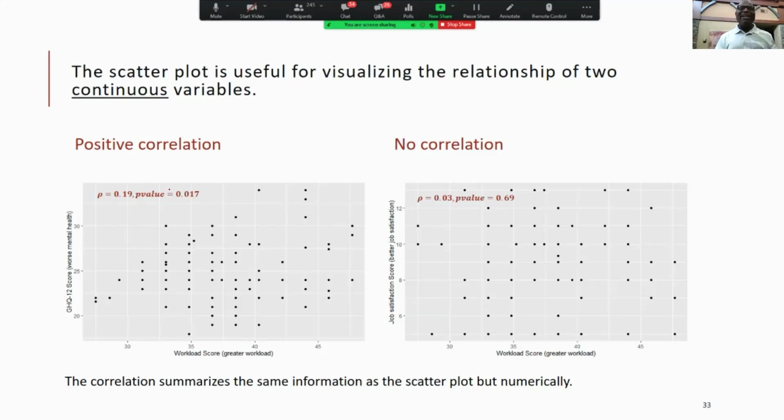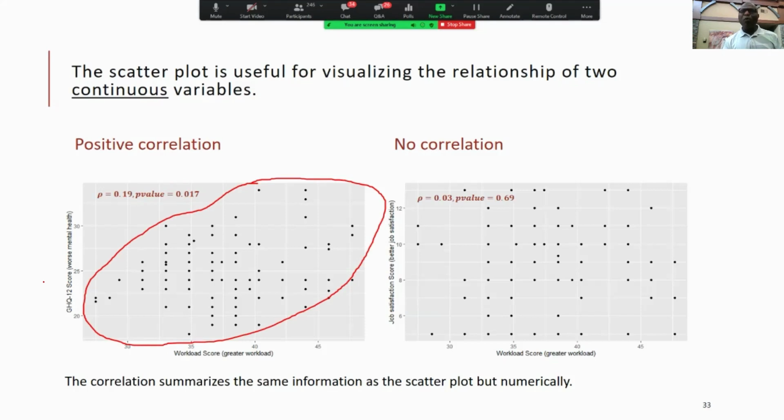So by mere visual assessment of a scatter plot, you can get a sense of whether the variables on the axes are related. Not just that, you can also get a sense of whether, if they are related, it is a direct correlation or an inverse correlation, and how tight the correlation is.